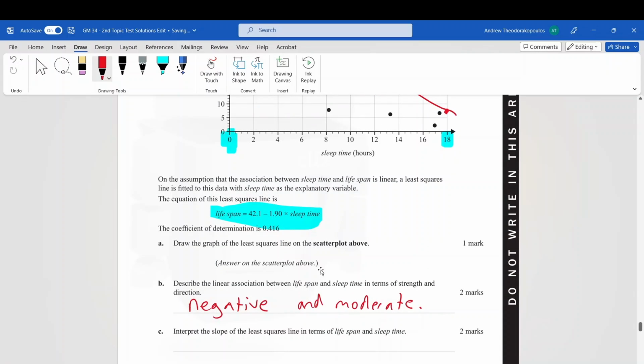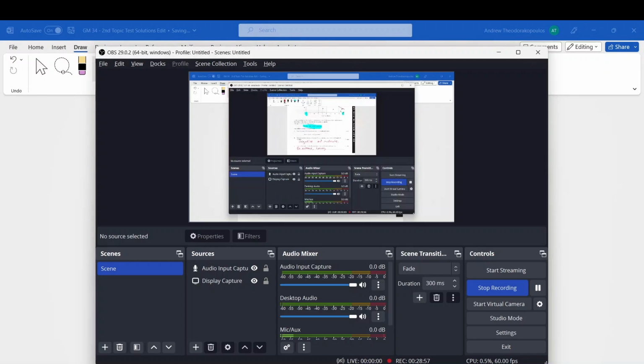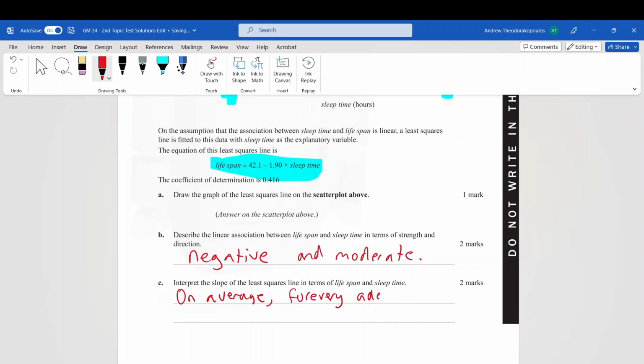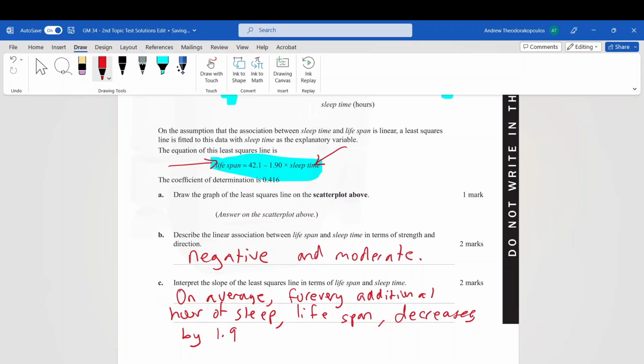The answer is that on average, for every additional hour of sleep, so for every time this goes up by 1, the response variable, lifespan, decreases by 1.9.